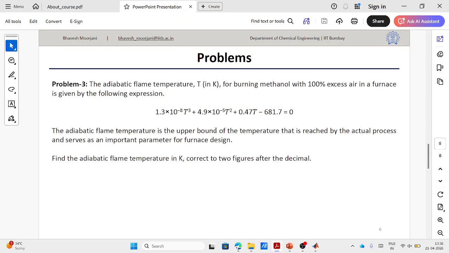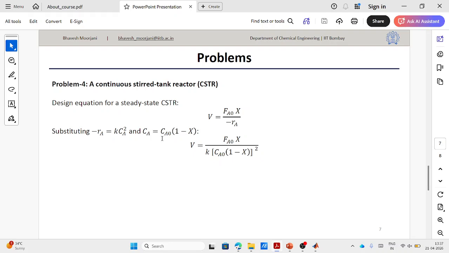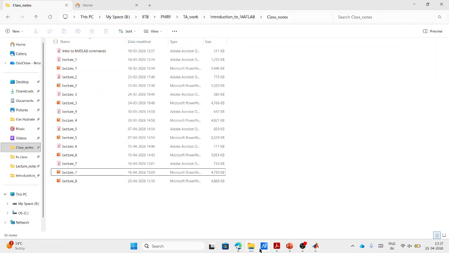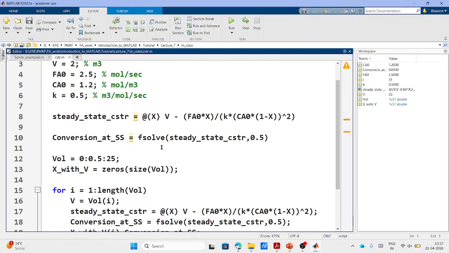Next, we looked at how to solve the adiabatic flame temperature to find the maximum limit through the roots command, right? And the last problem was on the continuous stirred tank reactor. For a steady state, we had to find the reactor concentration or the outlet concentration for a given reactor volume, right?